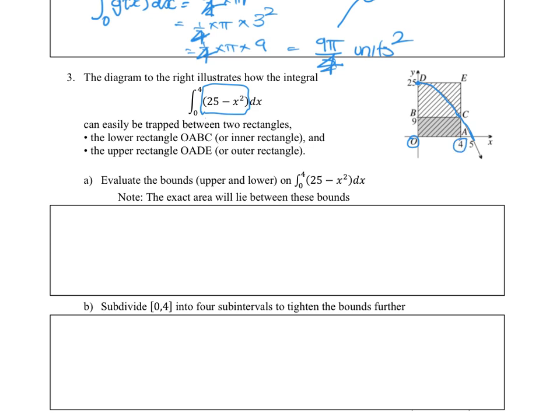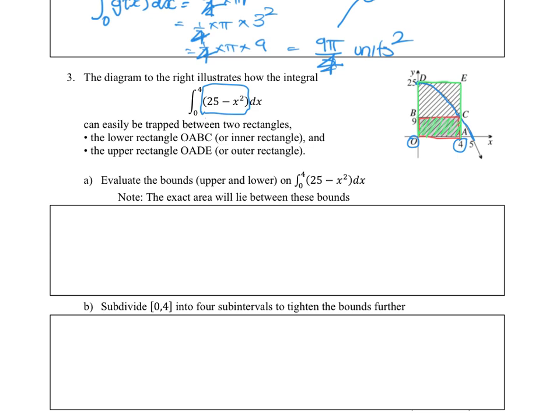Okay, so what they're saying, the diagram to the right illustrates how the integral can easily be trapped between 2 rectangles. So the rectangles that they're talking about is this rectangle and this rectangle. What they mean by trapped is that the value of the area under the parabola is going to be between that rectangle and the big rectangle.